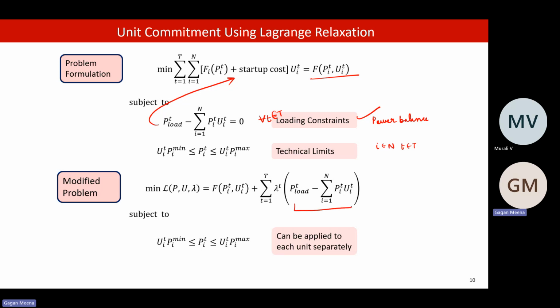But we cannot even avoid this because we want to meet the power balance condition also. That is why it becomes an iterative and a two-step process. In one step, we decompose the problem into smaller problems without considering, or relaxing, this constraint. That's why it is called relaxation, because we are solving the problem in one step by temporarily relaxing this complicating constraint, which is here the power balance constraint.